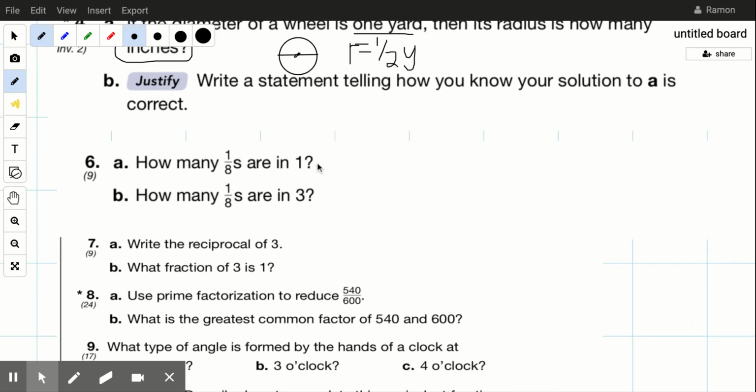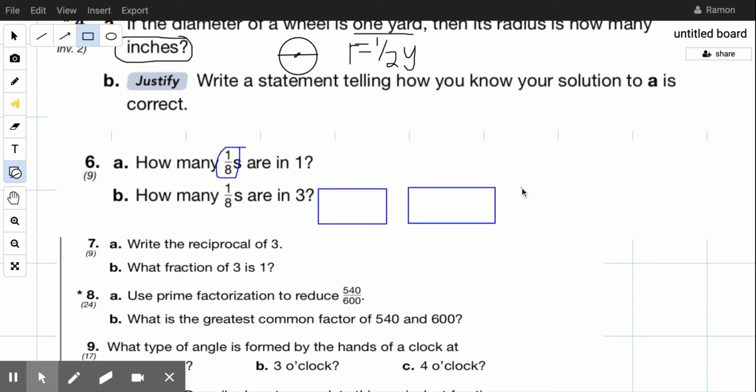Number 6, how many 1/8 are in 1? What we have here is the reciprocal that we're taking of 1/8. So we take the reciprocal to find out how many 1/8 are in 1. And how many 1/8 are in 3? For this one it's slightly different, because you have 3 total wholes, all of them split into 8 parts.